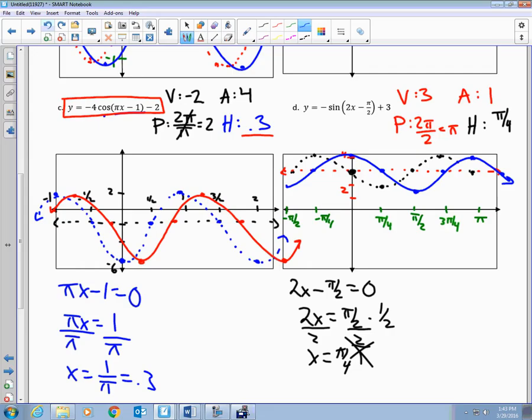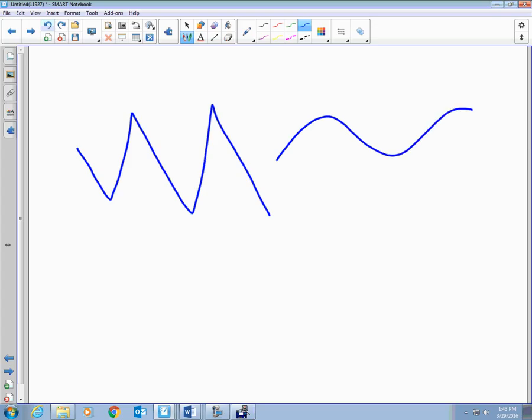Anybody worried about how neat their graphs look? Here are some things that I want to make sure you understand that you should do for your graphs. Number one, don't do that, because they don't come to points. They are smooth curves. And second of all, if the curve is supposed to look like this and you draw it like that, that gets a little lazy.